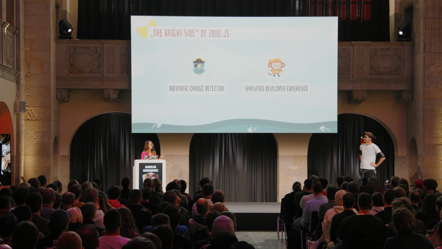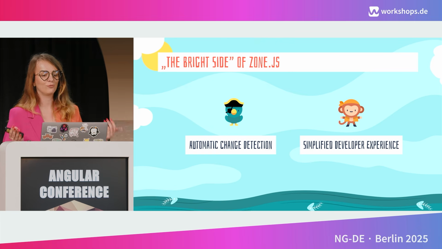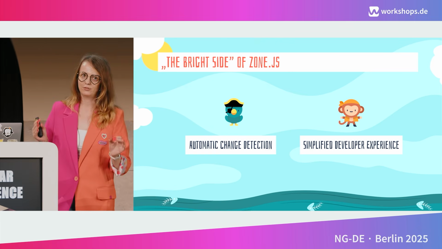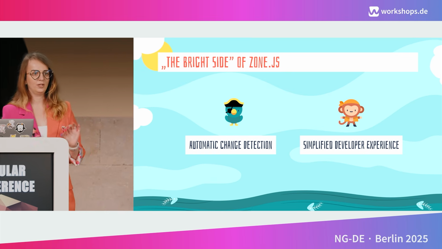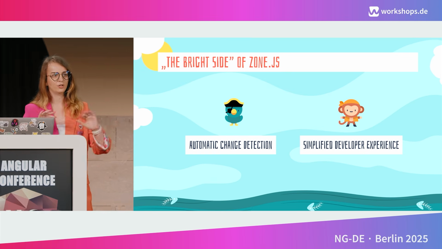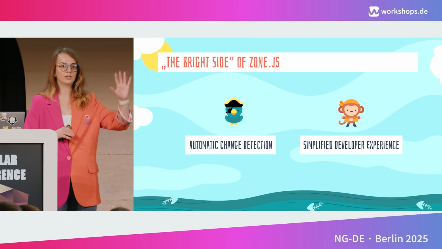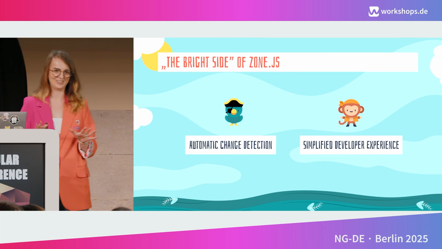But let's go to the bright side of Zone.js, and it's of course automatic change detection. I'm pretty sure that all of you have the same feeling, this magical feeling, when you write your first line of code in Angular, and everything is magically updated in the browser. It was so awesome.